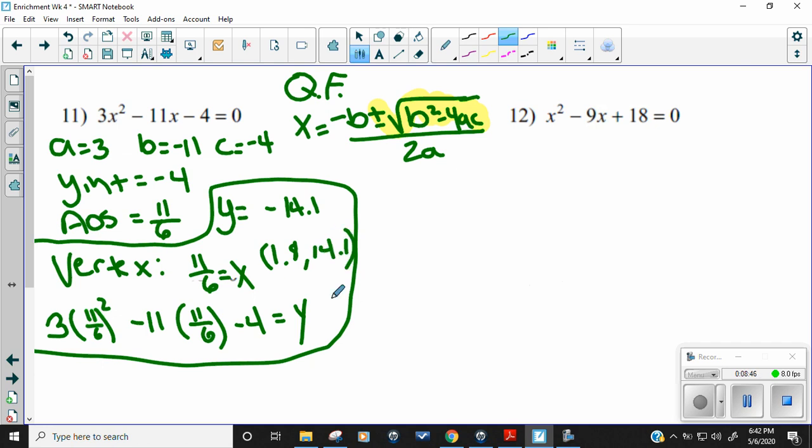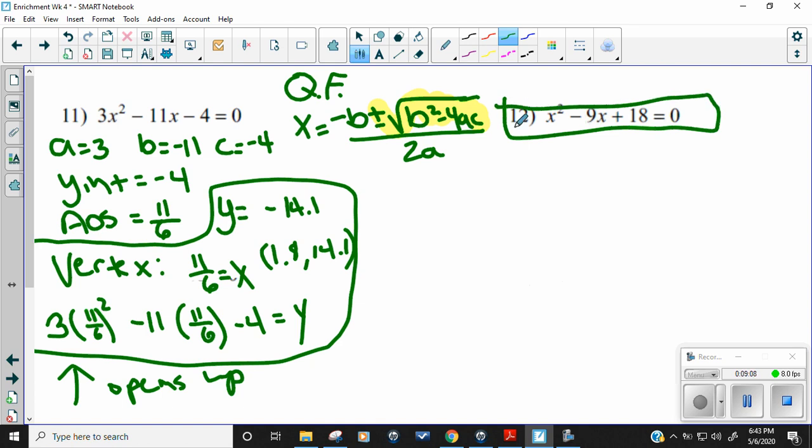And then the last thing, which I didn't mention in the previous slide, A is positive, so it opens upward. So I'll do this one down below. So there is that. Now all I need to finish the aspects are the x-intercepts.